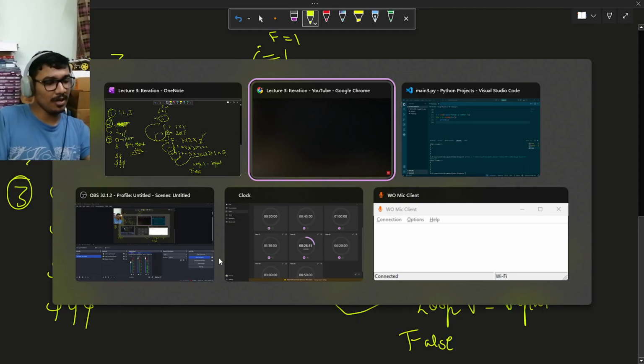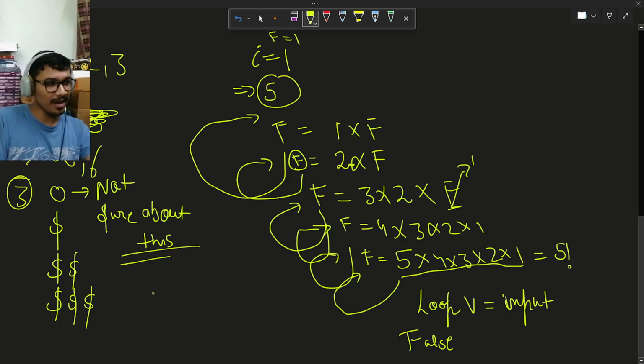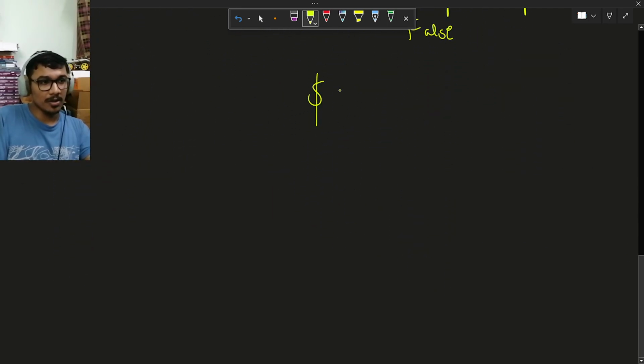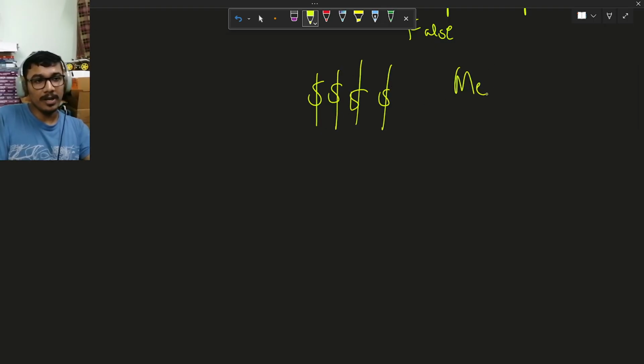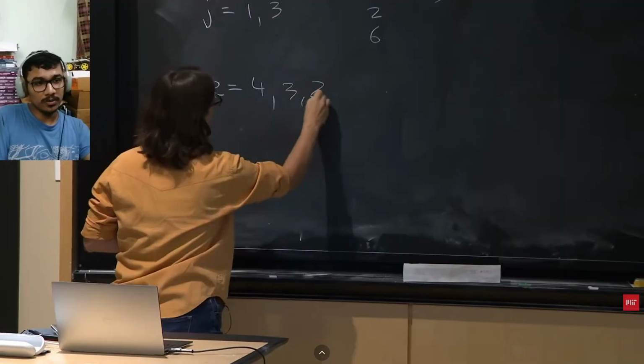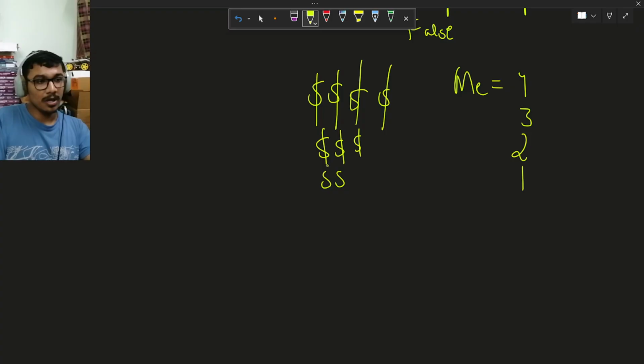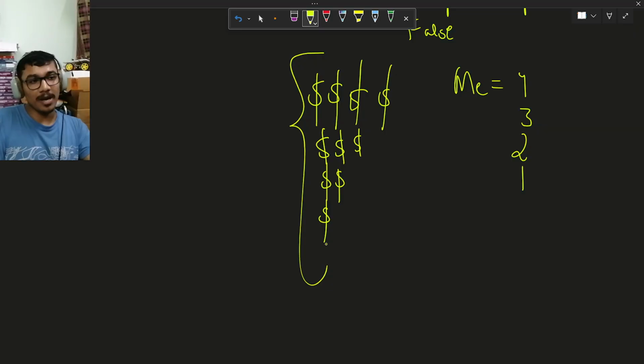Okay, if that's the case, then the value for me would be initially 4, then 3, then 2, then 1, and we won't get any zeros. So it should be four dollar signs, then three, then two, and then a single dollar sign. So this is the pattern that we'll get.